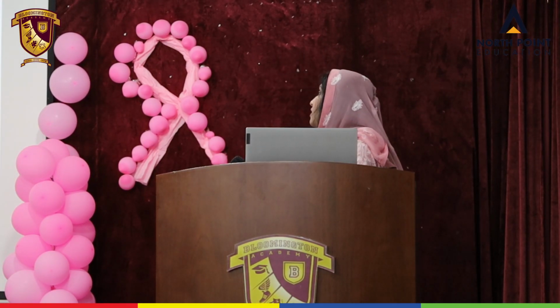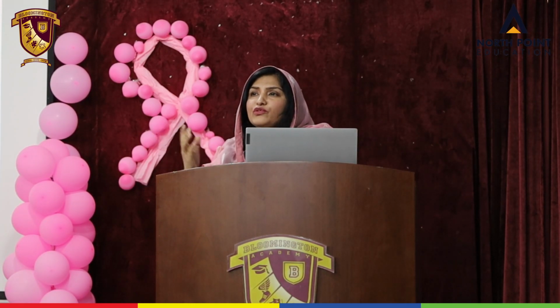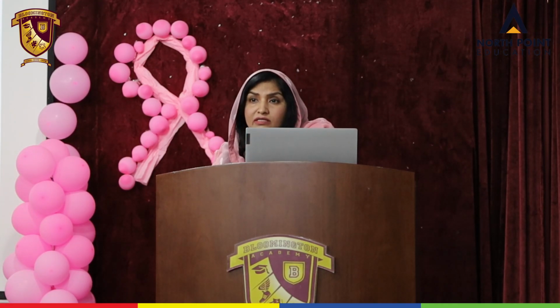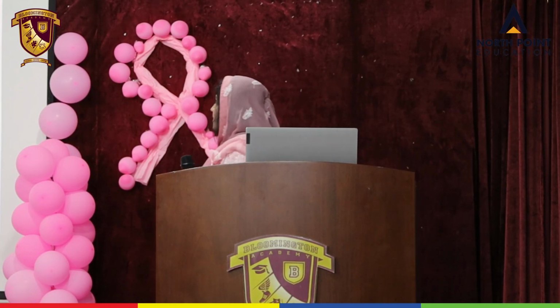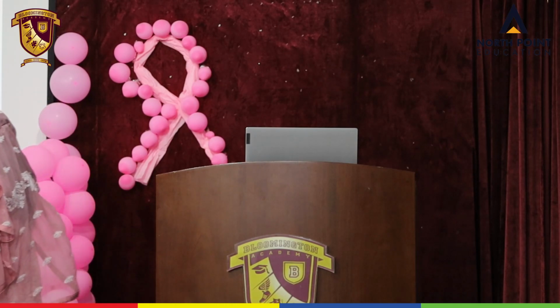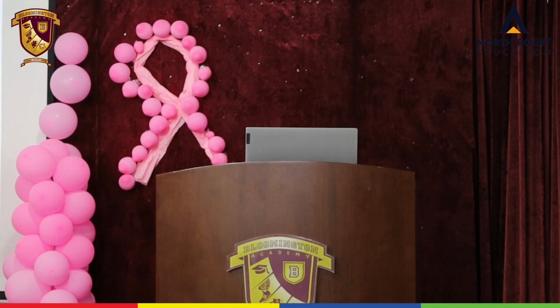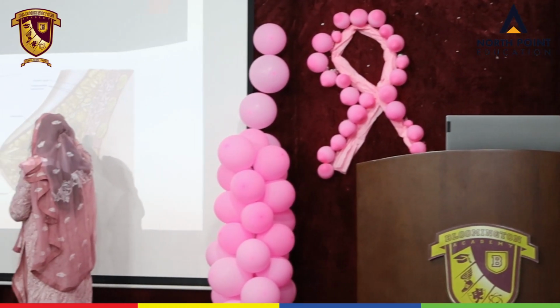First of all, I will start with the anatomy of the breast, and all of you know the basic things. The breast is composed of adipose tissue, fat cells, lobes and lobules, ducts, skin and muscles. You can see here the chest wall, and this is the pectoralis muscle, major and minor both.